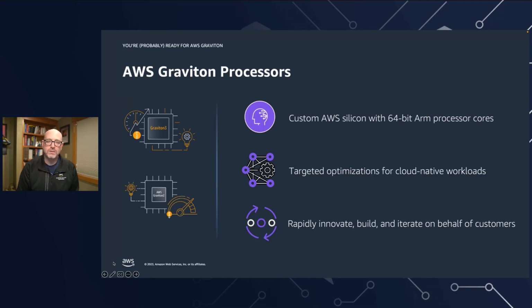And we're already on our third generation of Graviton processors. These are known as Graviton 3, and you can find them in our C7G, R7G, and M7G instances, with many more to come. We recently also announced C7GN, which are our most advanced Graviton 3E-based instances that have up to 200 gigabits networking available.